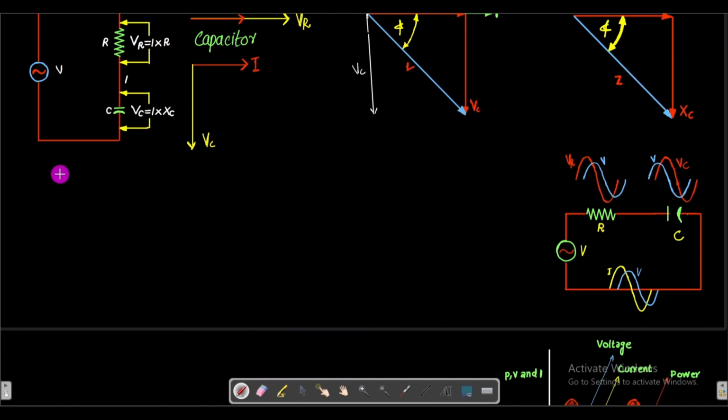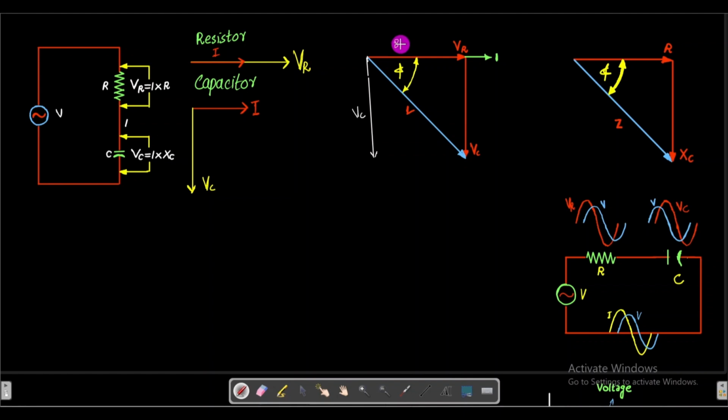For that we know that this side is the base, because this is adjacent to this phi, and this is the perpendicular, and this is the hypotenuse. So from the Pythagoras theorem, hypotenuse square is equal to base square plus perpendicular square.